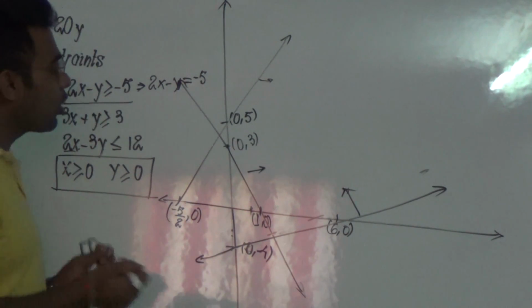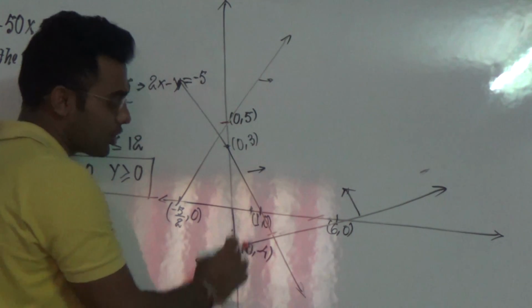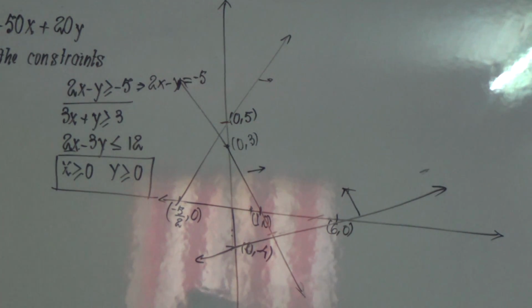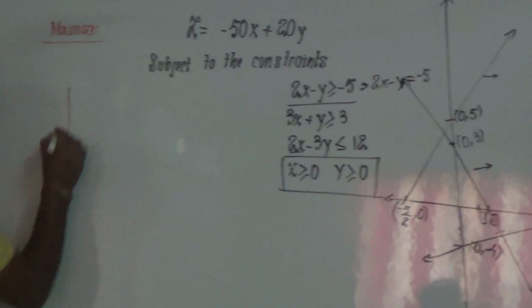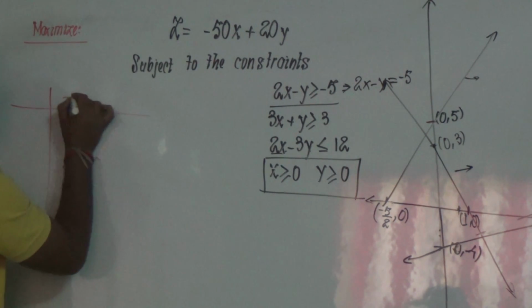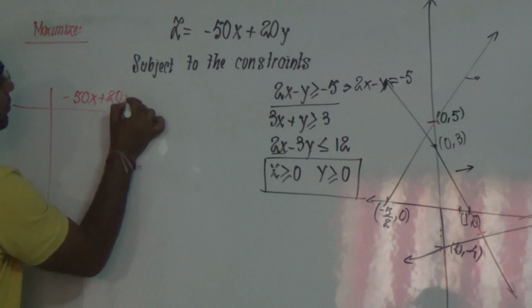So we'll focus on the corner points. The corner points are 0,5, 0,3, and this right here is 1,0 and 6,0. Let's draw the table. We need to maximize this objective function, negative of 50x plus 20y.